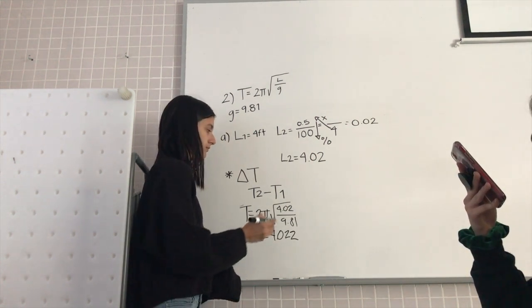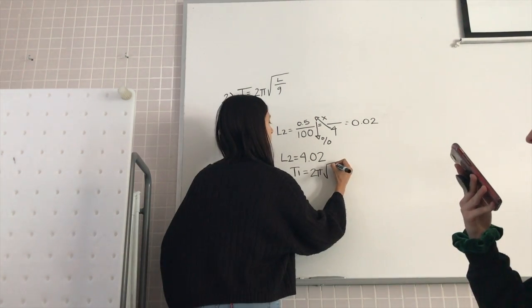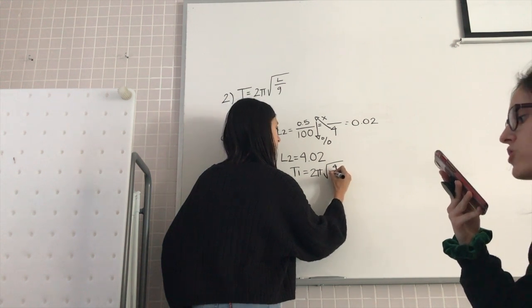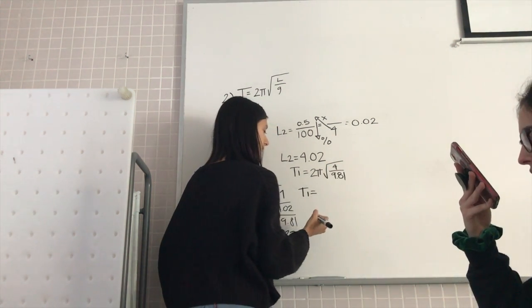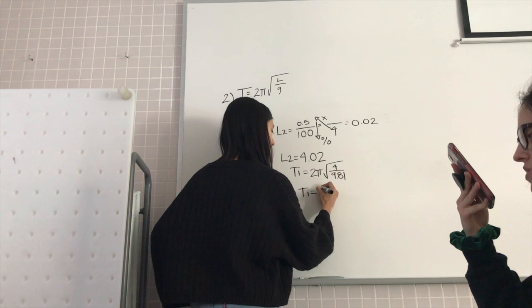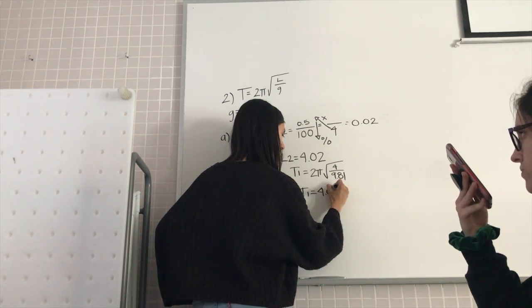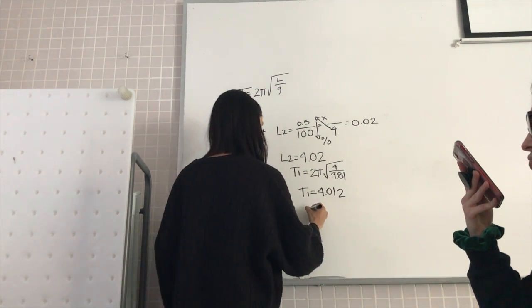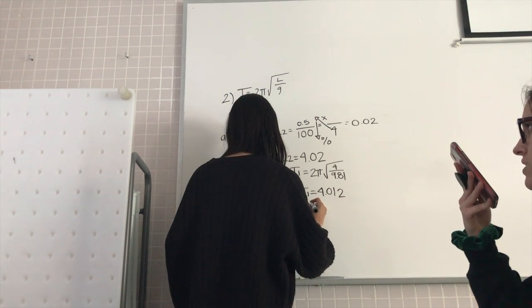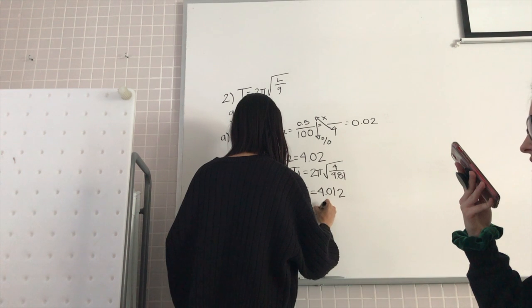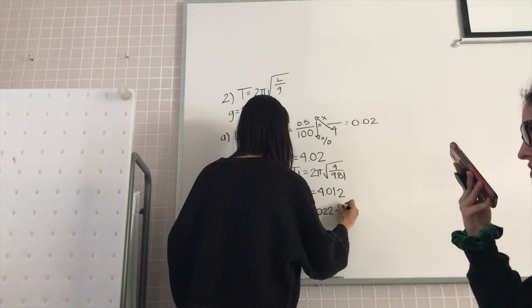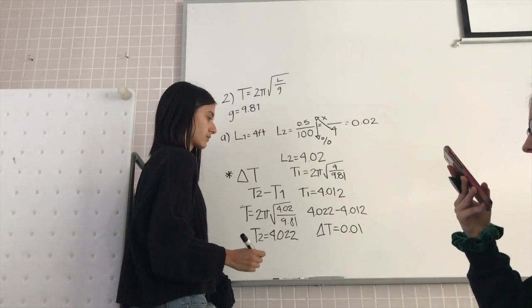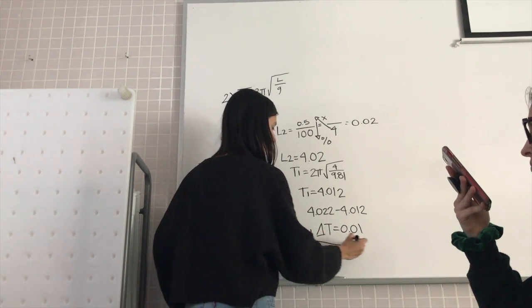Then we need to find T1, and we apply L1 into the equation to find T1. This gives you that T1 is 4.012. Then you subtract T2 minus T1, and this gives you that delta T is equal to 0.01. This is the change in the period of the pendulum.